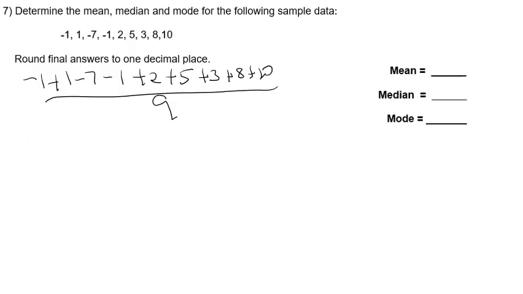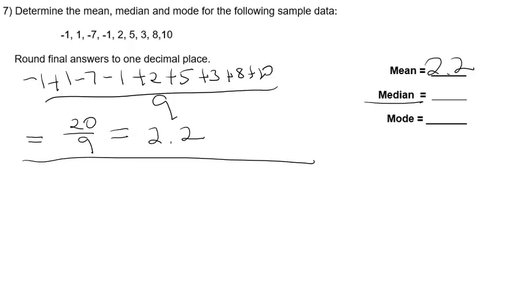And so our mean is going to be equal to, when you add the numbers up, you get 20. 20 divided by 9. We want a decimal number to one place, so that would be about 2.2.